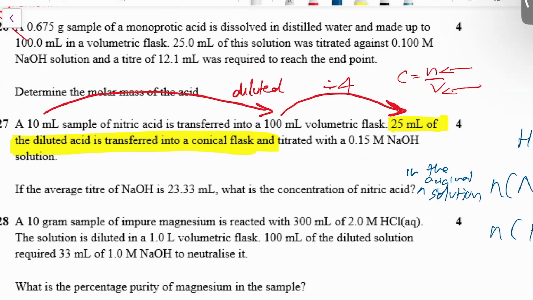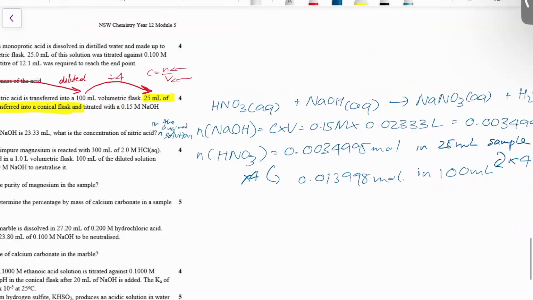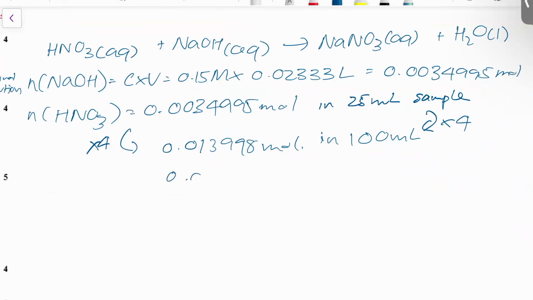I'm going to pour a bit more water into it and then keep stirring it around. You didn't put more salt into it. You kept the same amount of salt. You just added more water in. So from 10 to 100, all they did was add water. They didn't change the moles, which means when I go from 100 back to 10, I don't change the moles either. This is 0.013998 moles in the 10 mL.